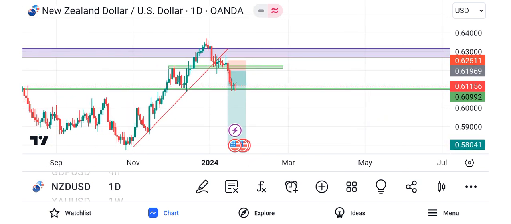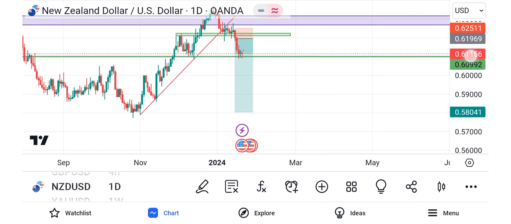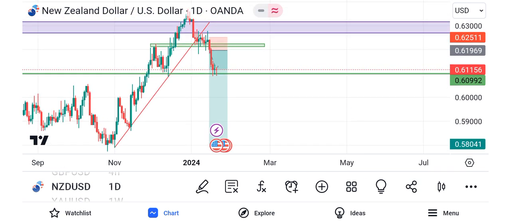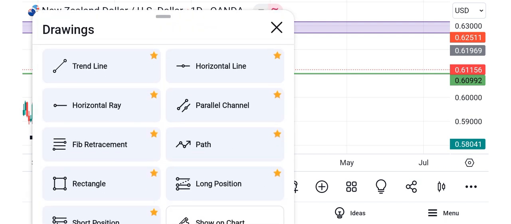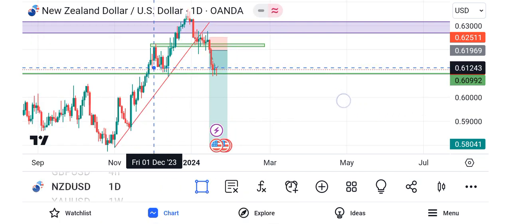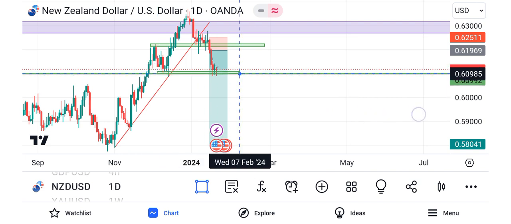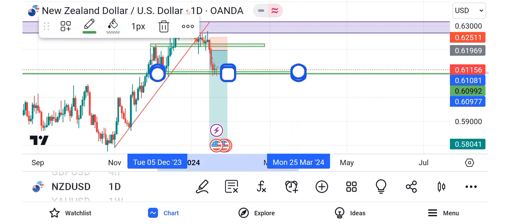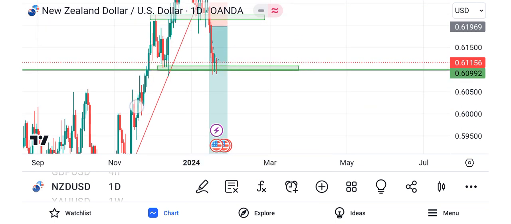It has hit my first take profit, so I'm waiting for it now to break below this support level and retest it, so I can enter. I want it to do something like this. This is a support zone here, so it's not relaxing on this zone, so we'll watch it carefully, because this market is a sell market.